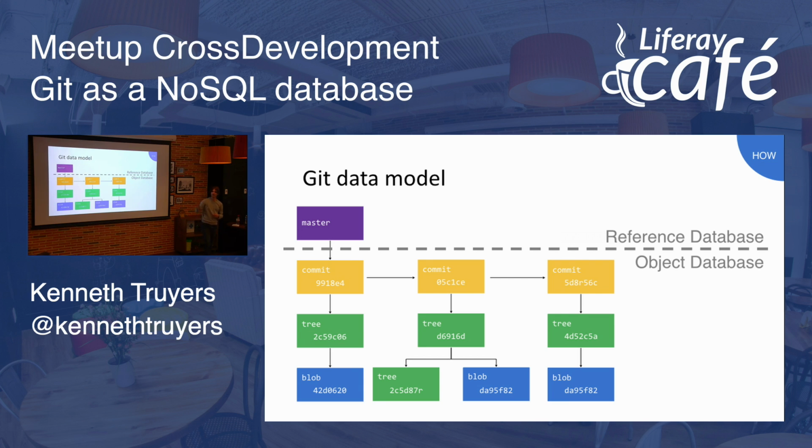Then above the line, we have the branches, but also tags and other references. That's what they call the reference database. Those things can change, because obviously we can move master from the first commit to the second one to the third one. And branches in Git are nothing more than a simple text file.